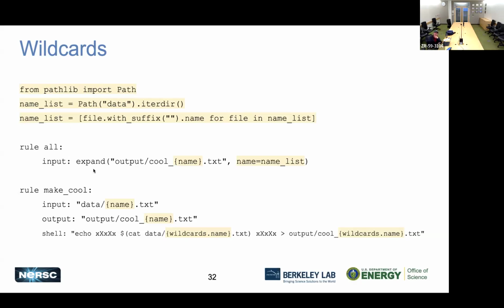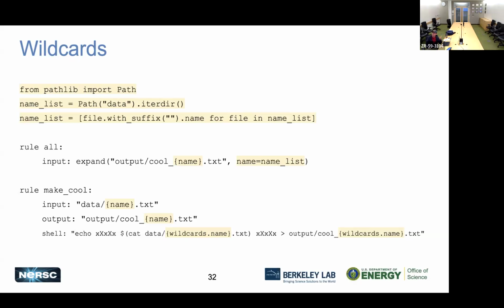And then you go down and use this expand function that is provided by Snakemake as a syntactic sweetener kind of thing. And you can use that to map the name list that you generated earlier into the name wildcard identifier. And now you have a wildcard identifier that is set up to be all of the files that are in this particular directory.